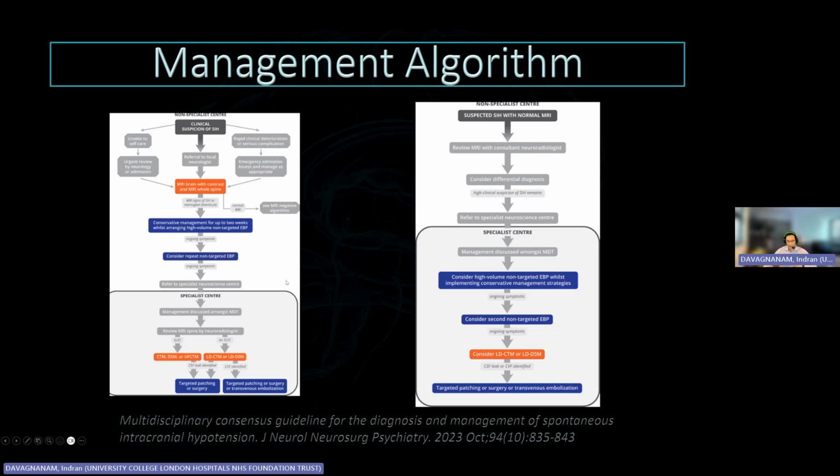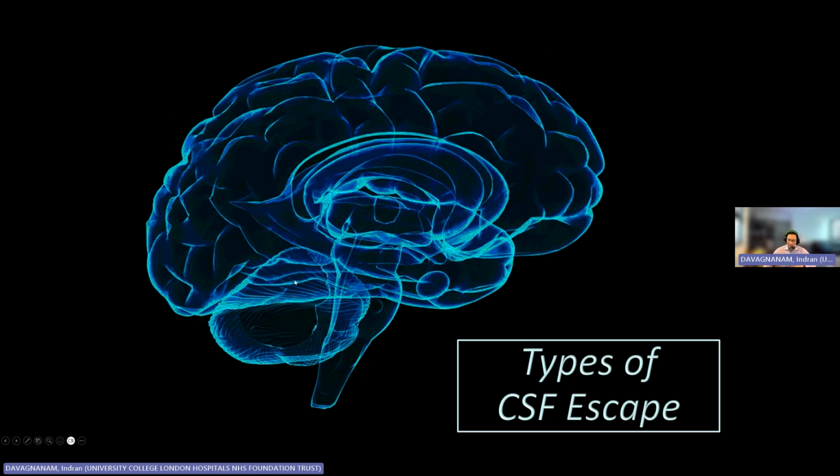They're dichotomized into two aspects, but suffice it to say that the orange boxes are the points at which imaging plays a pivotal role in formulating a program of management and taking things forward.